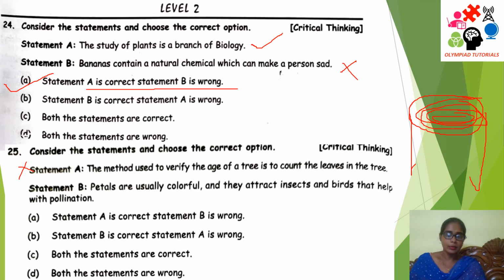And statement B, petals are colorful, they attract insects and birds that help in pollination. If a flower is very colorful, only then insects get attracted towards it. For example, a butterfly will always sit on beautiful flowers only. So option B is your correct option: statement A is wrong, statement B is correct.